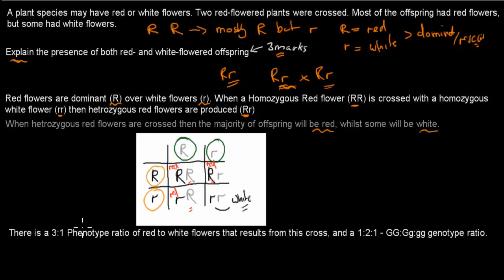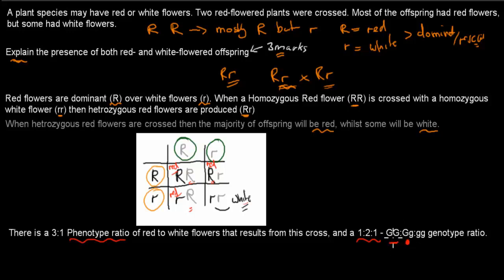There is a 3-to-1 phenotype ratio. Phenotype is the appearance, how they look. So 3 of them are red, and 1 of them is white. There's a 3-to-1 phenotype ratio of red to white flowers that results from this cross, and a 1 to 2 to 1 genotype ratio.